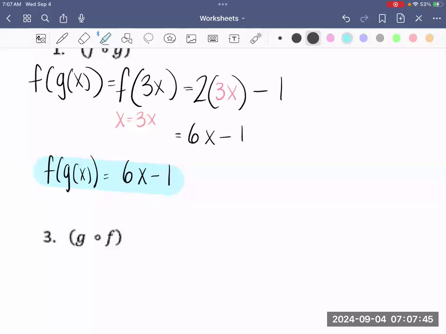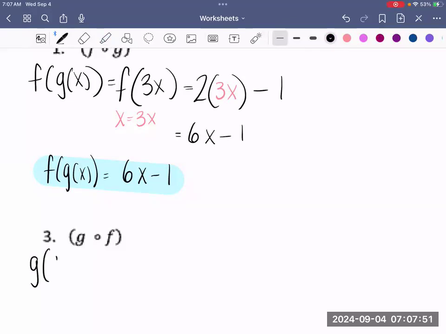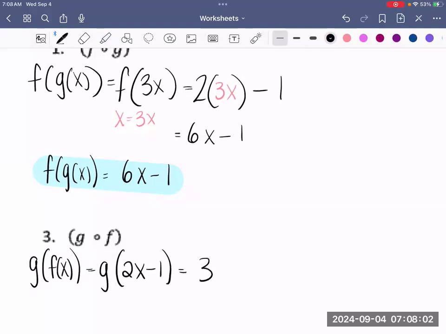And if we did it again, but in reverse, g of f of x says we're going to take f of x and put it inside g of x. So g of f of x, which is 2x minus 1, is equal to, it used to be just 3x. Again, anytime you have an x value, you're just going to make a pair of parentheses.